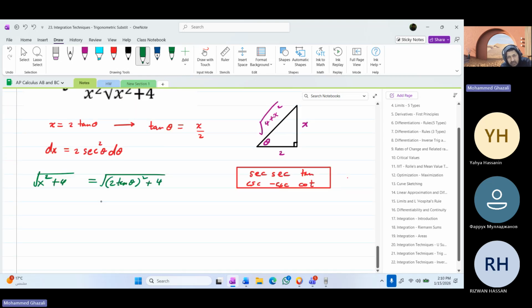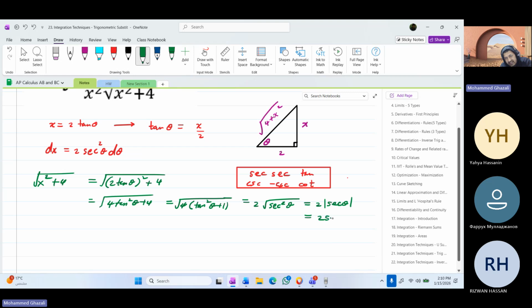Now expanding all this, we're getting the square root of 4 tan squared theta plus 4, which is, take out 4 as a common factor, we're left with tan squared theta plus 1. Square root of 4 is 2. And the square root of tan squared theta plus 1 is the square root of sec squared theta, which is 2 absolute value sec theta, which is 2 sec theta.